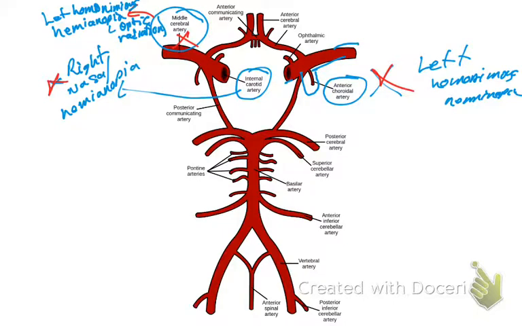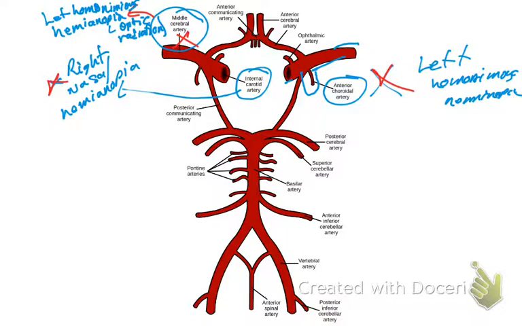Got it? Yeah, so this left homonymous hemianopia has this lesion that we mentioned here, with the optic radiation, where the middle cerebral artery is going to be affected.